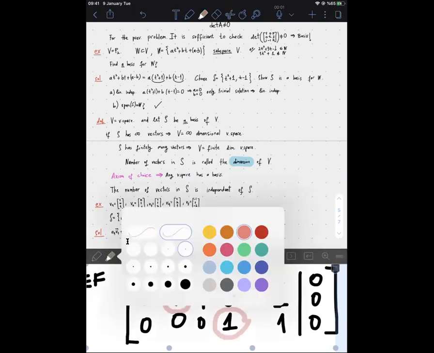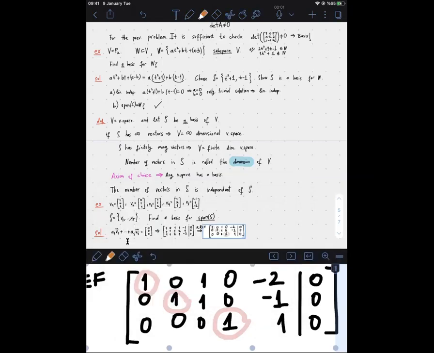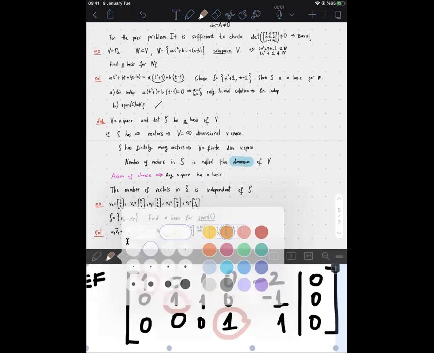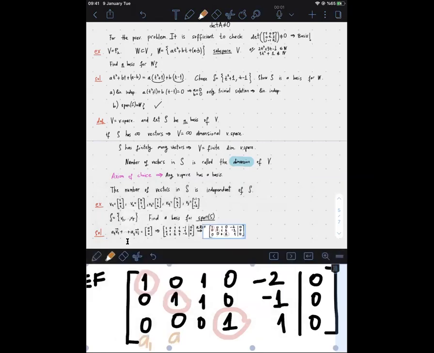And remember that this column is the a1 column, a2 column, a3 column, a4, and a5 column. So a1, a2, a4 have a leading one, and a3 and a5 do not have a leading one.